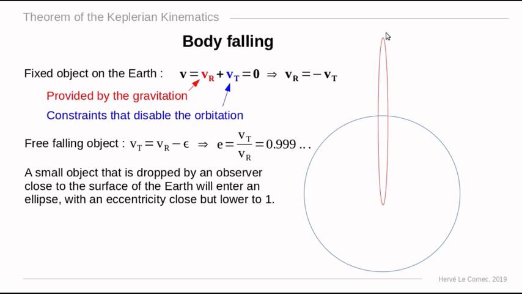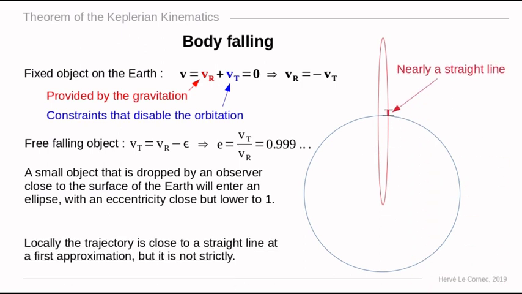This is roughly the trajectory that the object you let fall will follow. But of course, locally, from your hand to the floor, the trajectory can be approximated to a straight line. But actually, this is not a straight line. This is part of a conic.